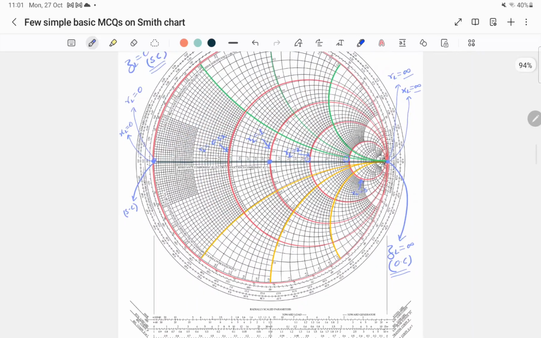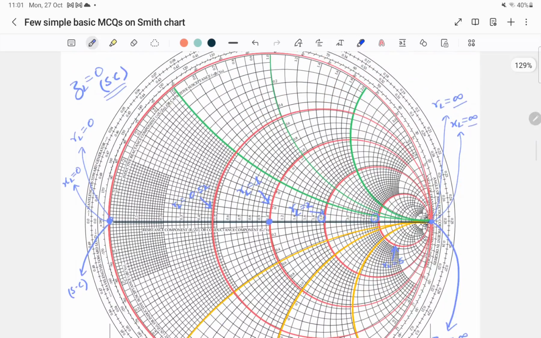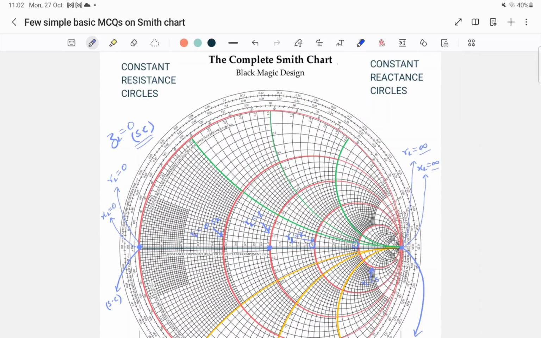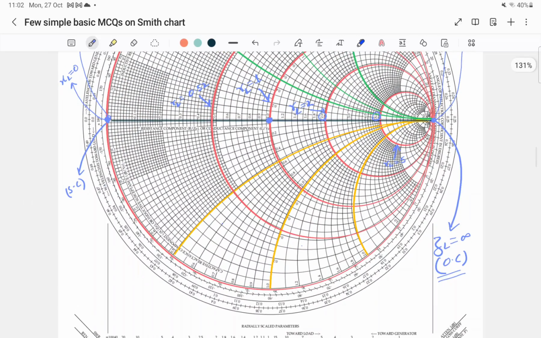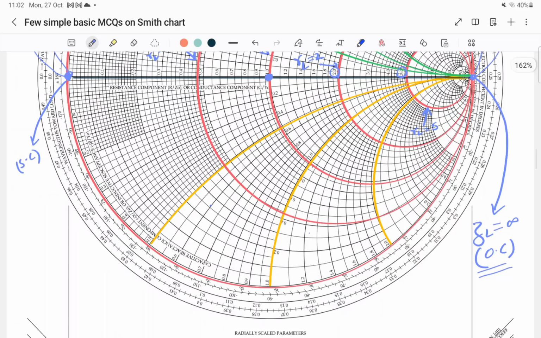Okay. Now let us look at these yellow color circles. These yellow color circles are capacitive reactance circles. Similarly, as in the case of inductive reactance, these circles also show the same behavior.